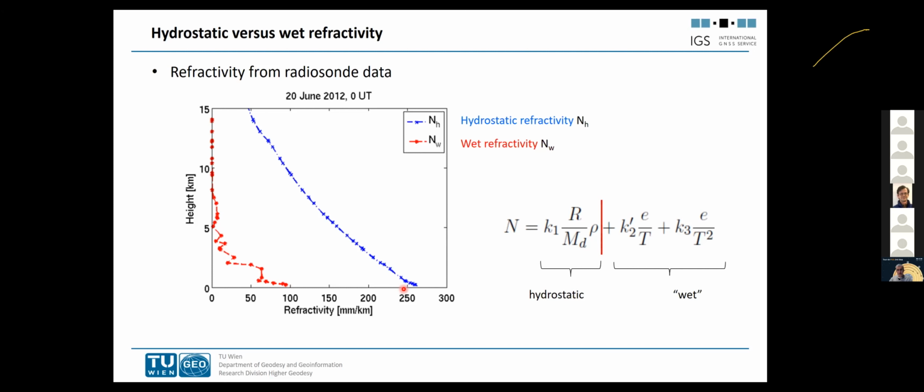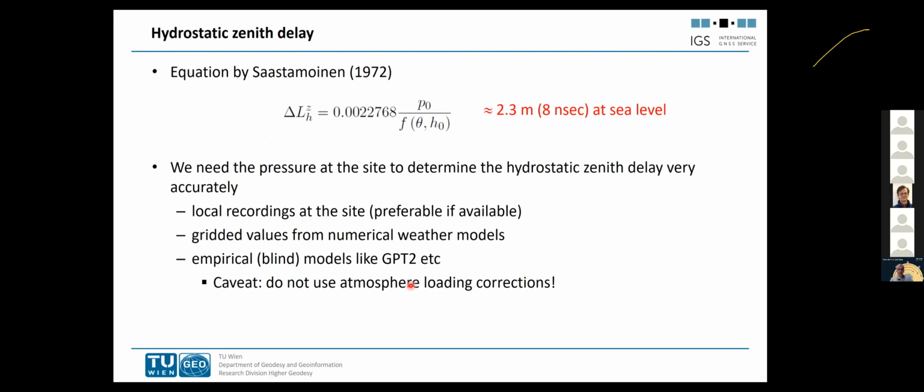This provides some possibilities for the hydrostatic part, and you are probably familiar with the equation by Saastamoinen, which goes back to 1972. This is a very convenient tool to determine the hydrostatic zenith delay from essentially the pressure at the site. This function f is very close to 1.